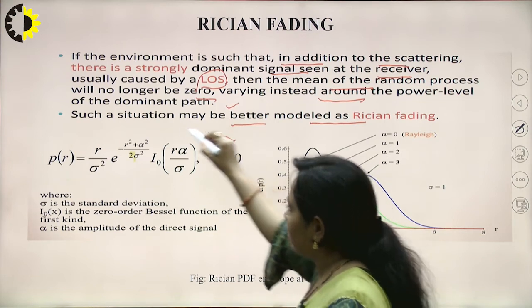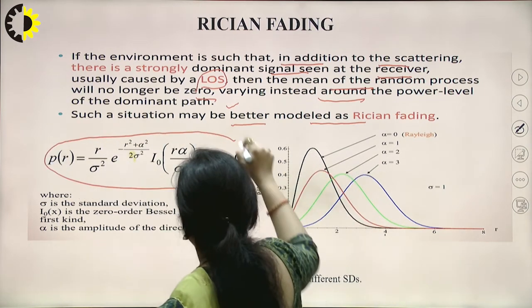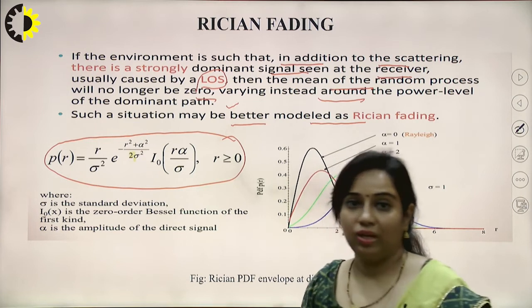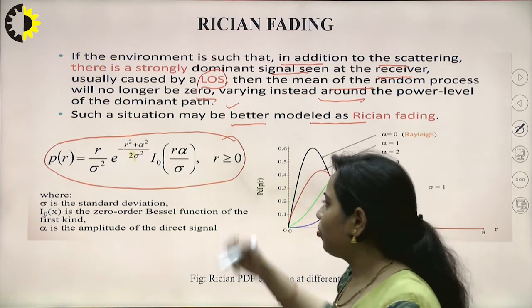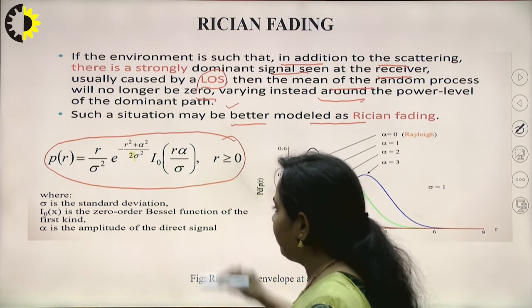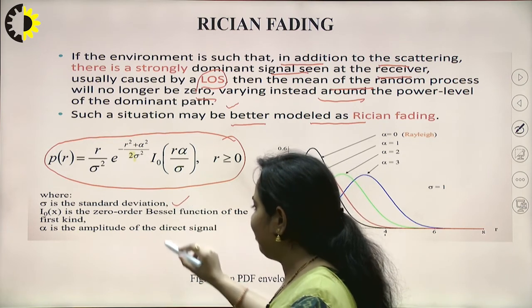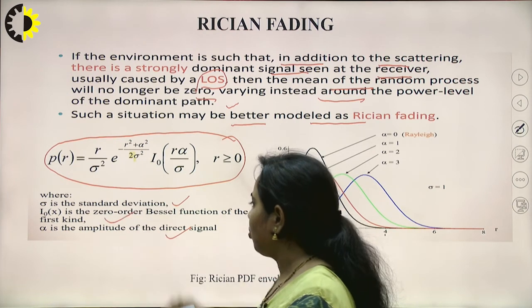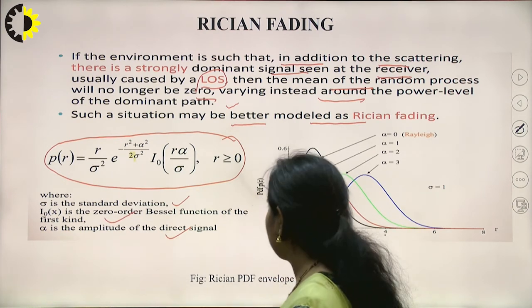So this is the Rician distribution, like the one we have seen in the Rayleigh distribution. This is the formula for the Rician probability density function, where sigma is the standard deviation, alpha is the amplitude of the direct signal, and I naught of x is the zero order Bessel function of the first kind.